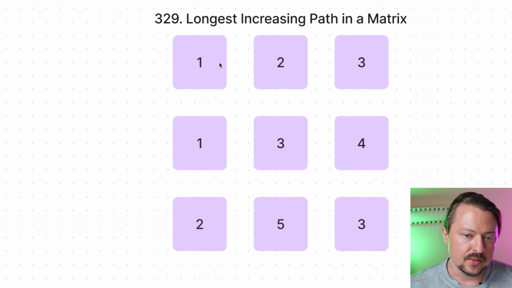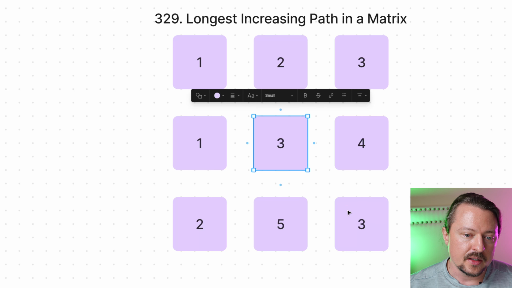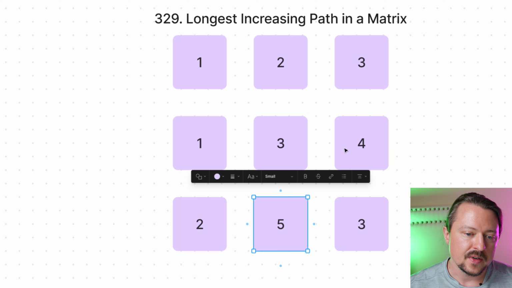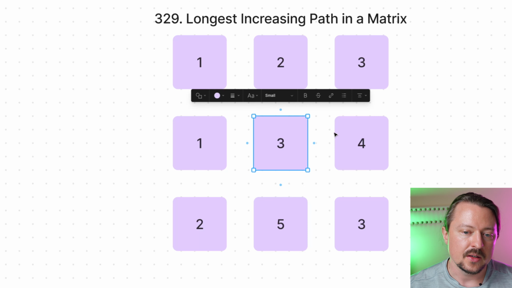If we walk through this, let's say we're calculating the paths here. If we're at 3, we could do 3, 4, or 3, 5, and then just keep track of, okay, no matter what we do from here, you're gonna get a path of length 2.